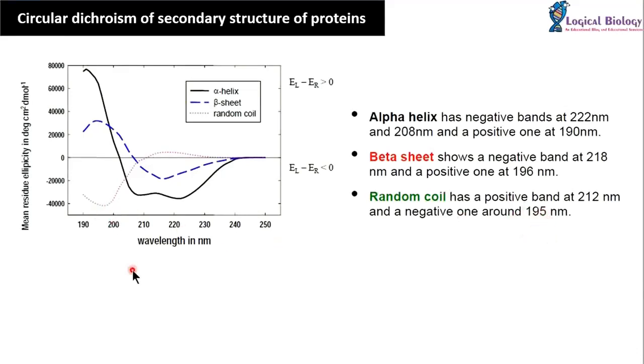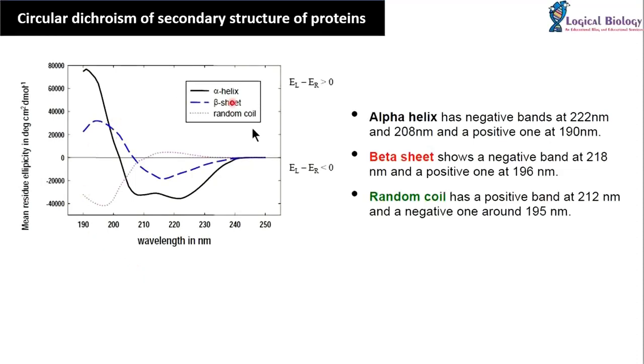So just remember this graph: for alpha helix we have a total of 3 bands, 1 positive and 2 negative, at 190, 208 and 222. For beta sheet we have 2 bands, at 196 and 218. And for random coil again 2 bands, one positive at 212 and one negative at 195 nanometer.